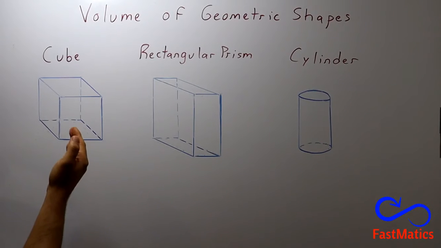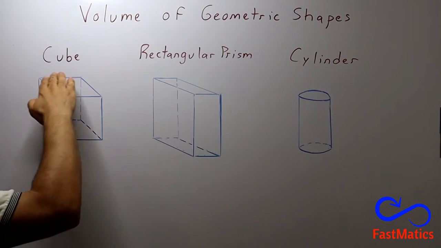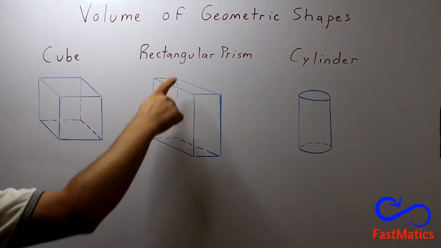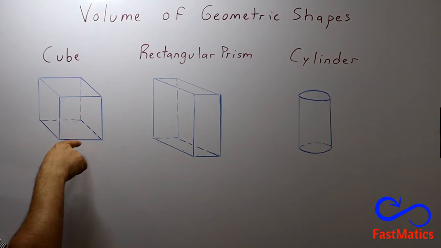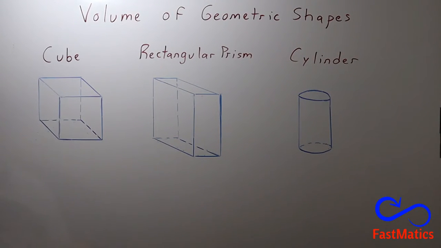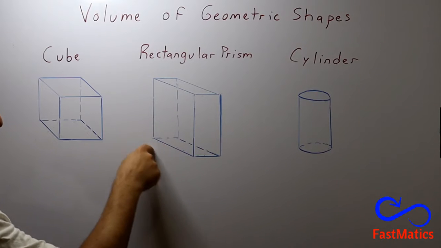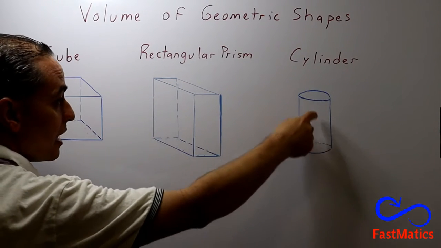You must see, if you have the same base and cover, it is the same formula. Here I have a square as a base and a square covering that shape. Here I have a rectangle, also a rectangle here, a circle and a circle.